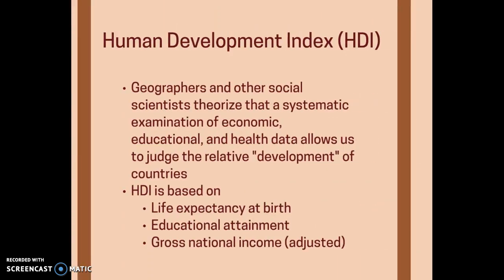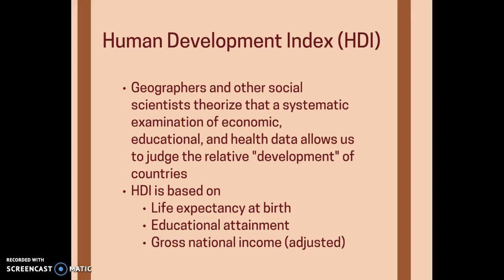Well, social scientists in the development field have created the Human Development Index, or HDI, as a way to make a systematic study of development. So geographers and other social scientists theorize that we can systematically look at economic data, educational data, and health data to judge the relative development of individual countries.